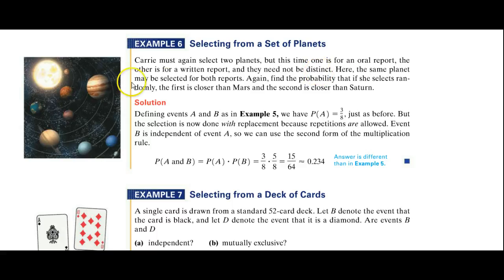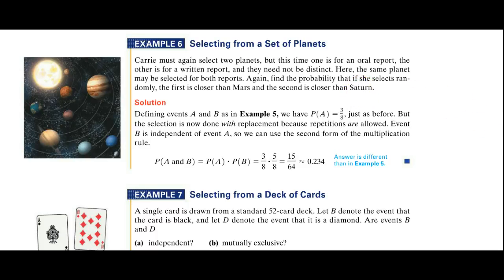Here the same planets may be selected for both reports. So again, find the probability that if she selects randomly, the first will be closer than Mars, and the second closer than Saturn.